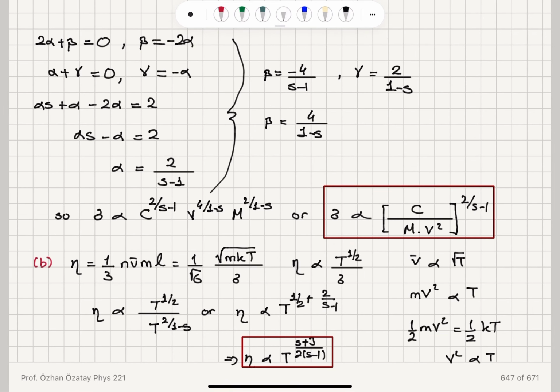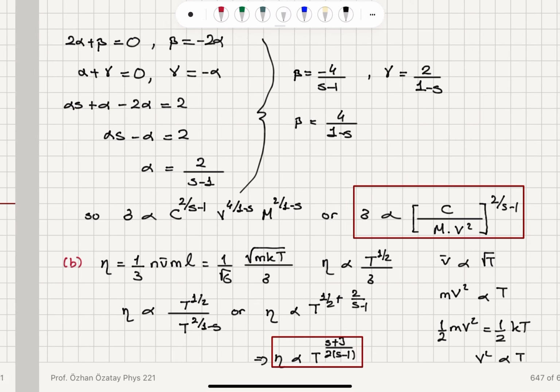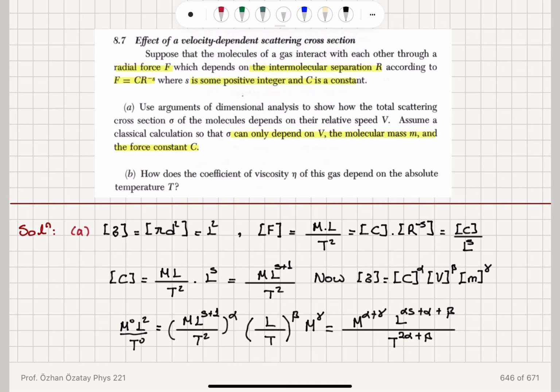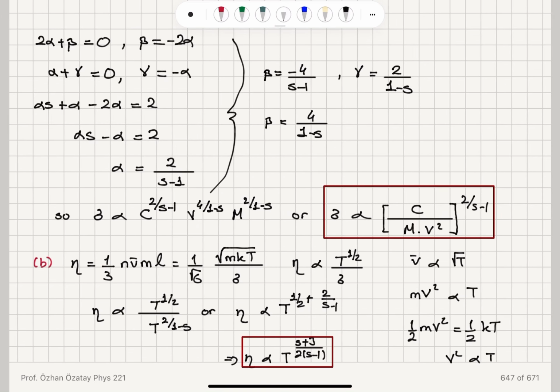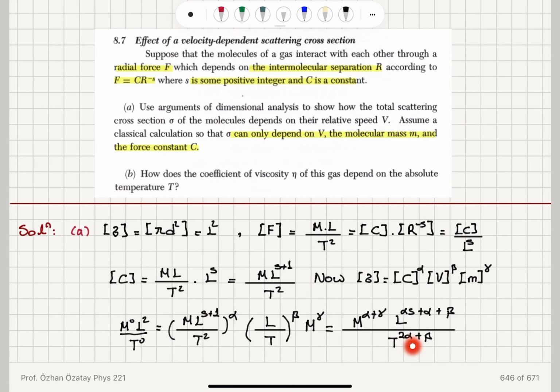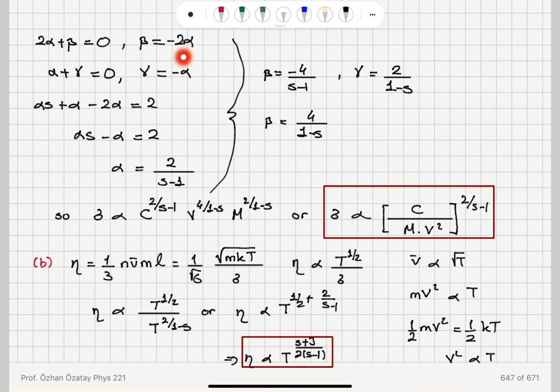All right, so solving these equations, we find alpha s plus alpha plus beta is equal to 2. But beta we have found from the equation 2 alpha plus beta equals 0 to be minus 2 alpha. So if we substitute that here, we obtain alpha s minus alpha is 2, or alpha is 2 over s minus 1. Beta is minus 4 over s minus 1.